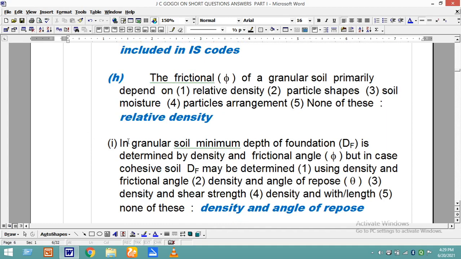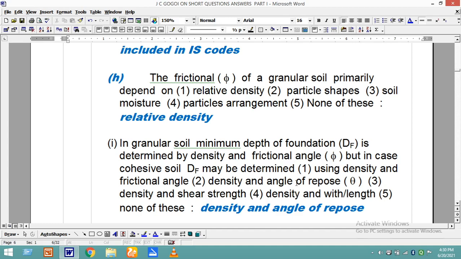For a granular soil, the minimum depth of foundation Df is determined by density and frictional angle phi. But in the case of cohesive soil, Df may be determined differently. The given answers are density and frictional angle, density and angle of repose theta, density and shear strength, density and width per length, or none of these.